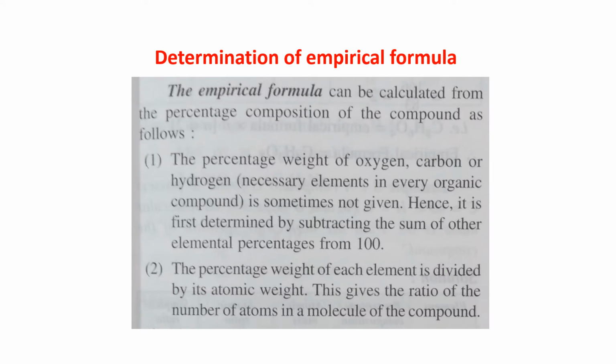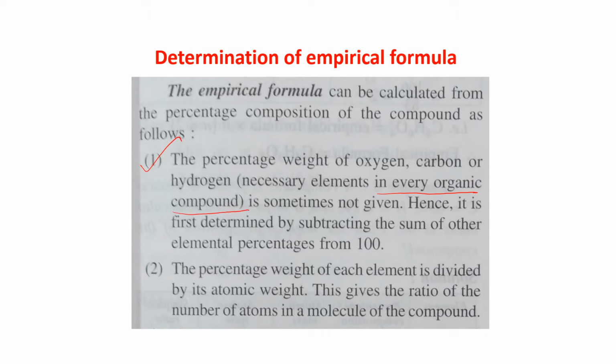Determination of empirical formula. The empirical formula can be calculated from the percentage composition of the compound as follows. There are some rules for finding out the empirical formula. The percentage weight of oxygen, carbon or hydrogen, necessary elements in every organic compound.